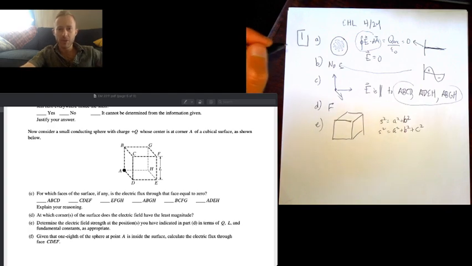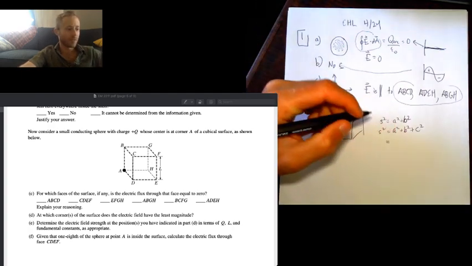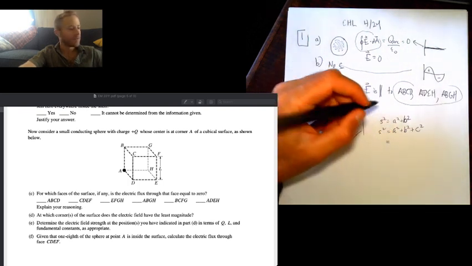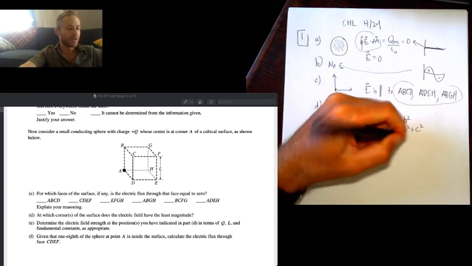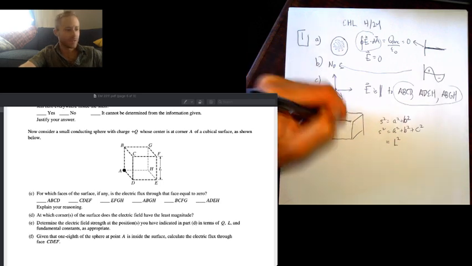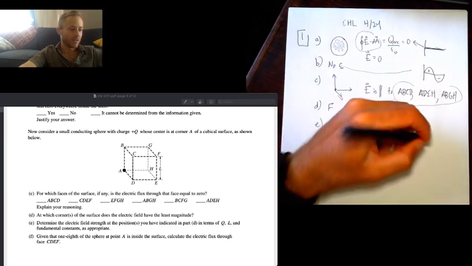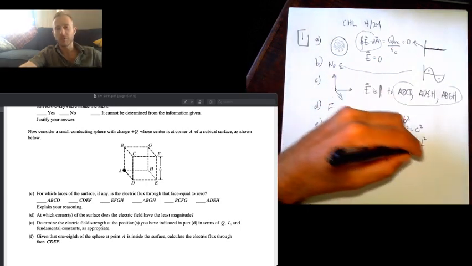So if we want to go to the opposite corner of a cube, we have to go, say, into the page a distance L. We have to go up a distance L. And we have to go to the right a distance L. So we get L squared plus L squared plus L squared.